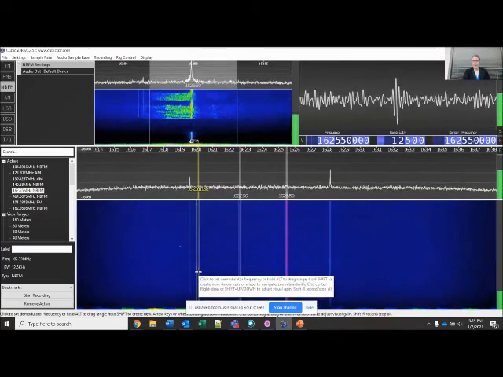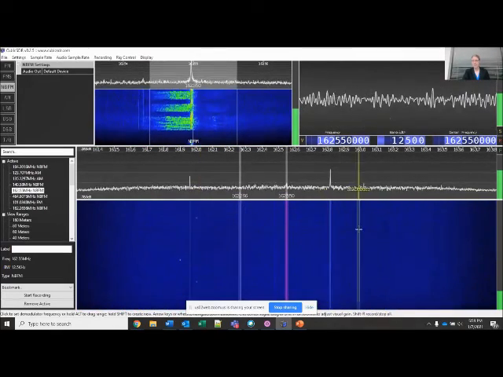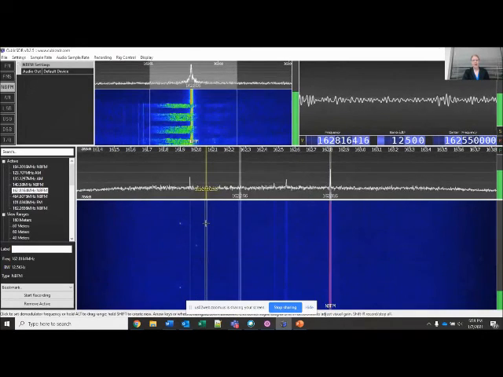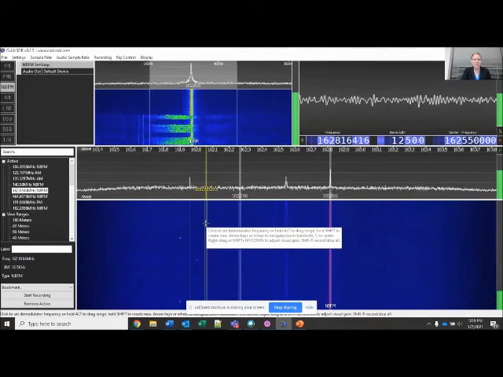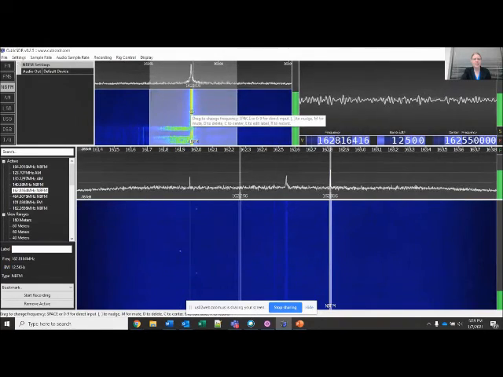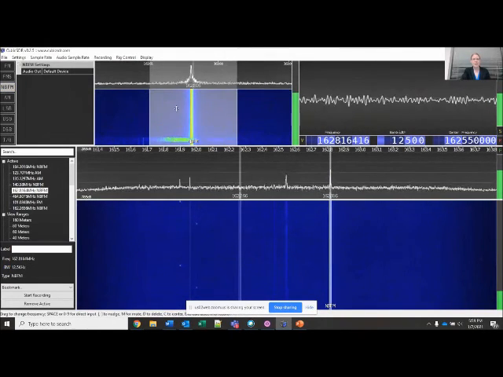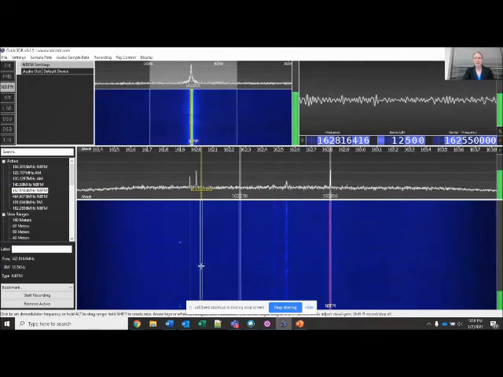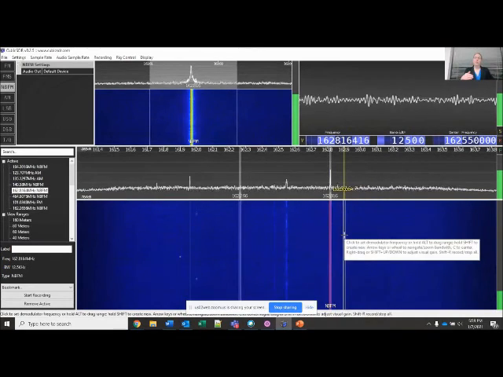And I'm betting, for one, this came in better at my house because I'm closer to Boulder at home. And for two, possibly the time of day is mattering, but it is a narrowband FM signal, and it did come through more clearly about 3 hours ago when I tested it.